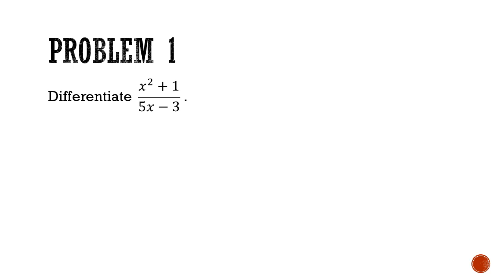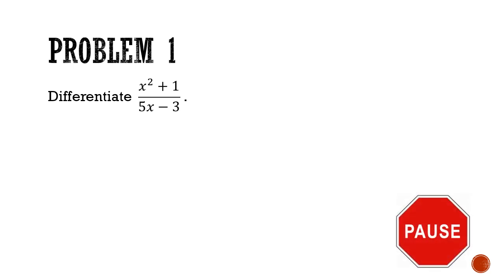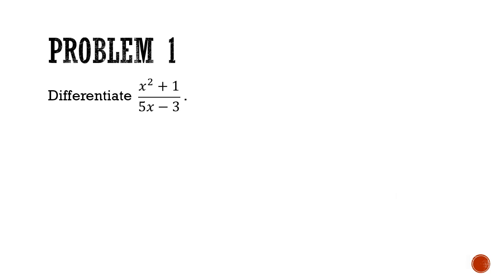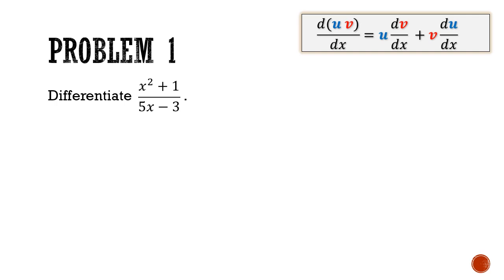But before we go into the quotient rule, let's begin with a problem. So recalling the product rule that you've learned in the last video, differentiate x squared plus 1 over 5x minus 3. Pause the video here and give this question a good try. Okay, so here we have the product rule, but we don't quite have a product.